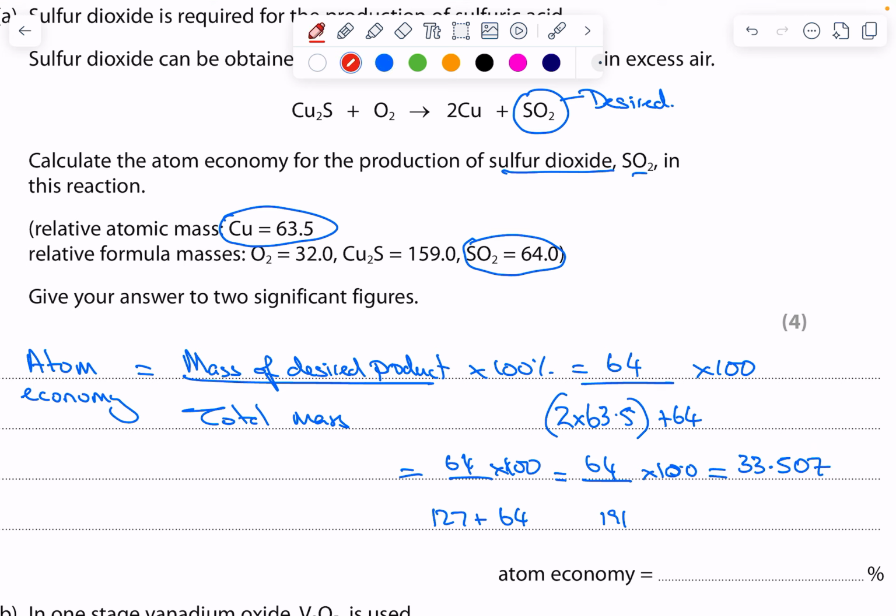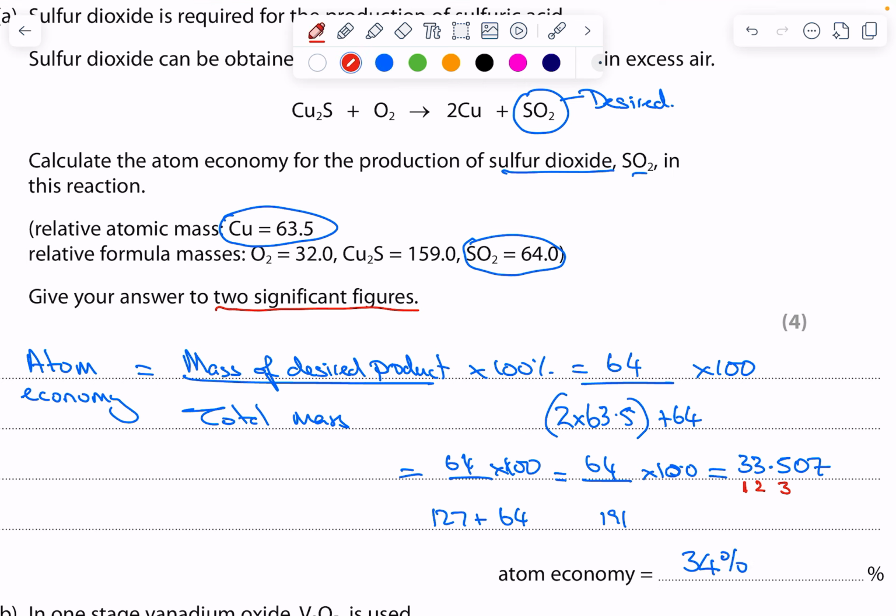But just check, because it wants two significant figures in my answer. So if I come back down here, there's the first significant figure, there's the second. The next digit is 5 or greater, so that means my answer is going to become 34%.